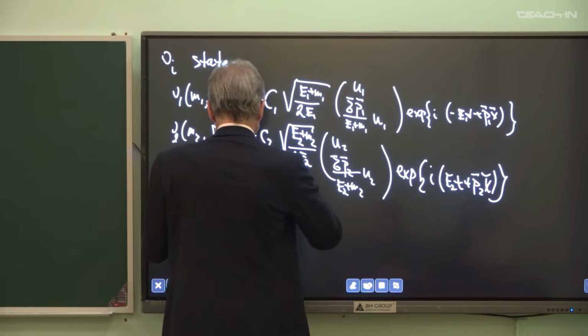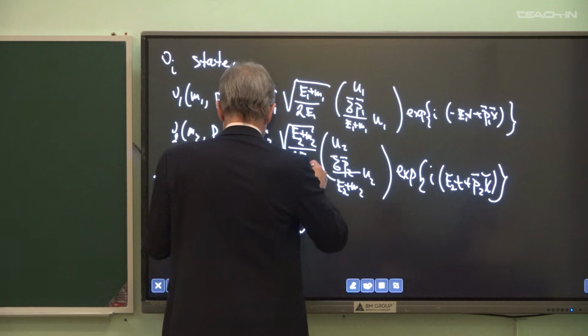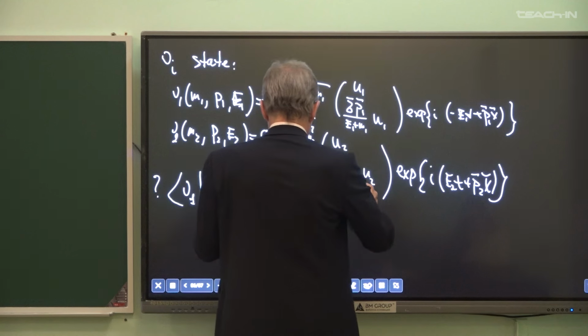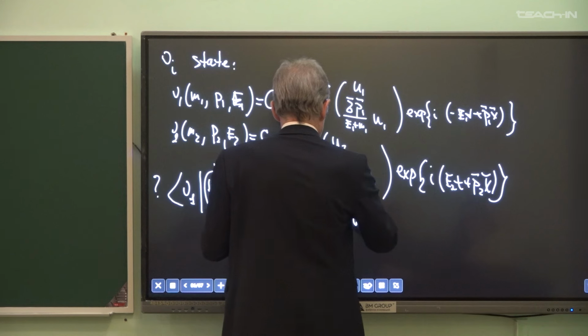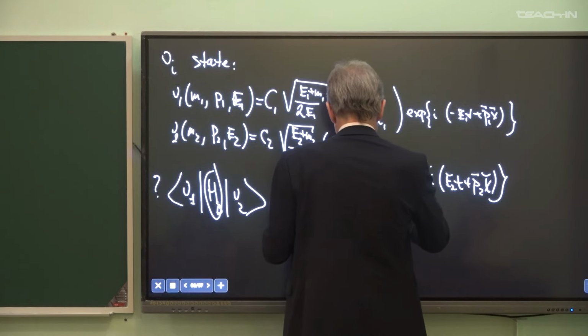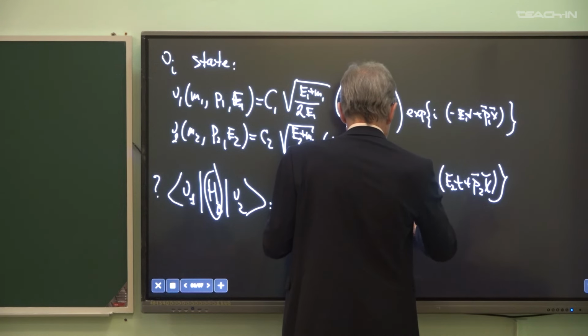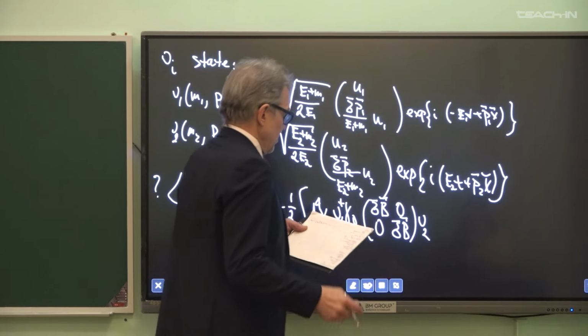This is minus 1/2, the integral over space and time, nu 1 bar gamma 0 sigma multiplied by the strength of the magnetic field vector 0, 0, B, nu 2.